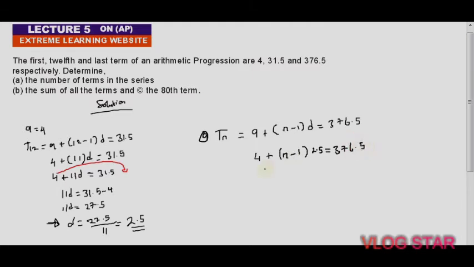376.5. So now let's simplify further. This is 4 plus, multiplying 2.5 by N, we get 2.5N, minus 2.5 times 1, that is negative 2.5, equal to 376.5.